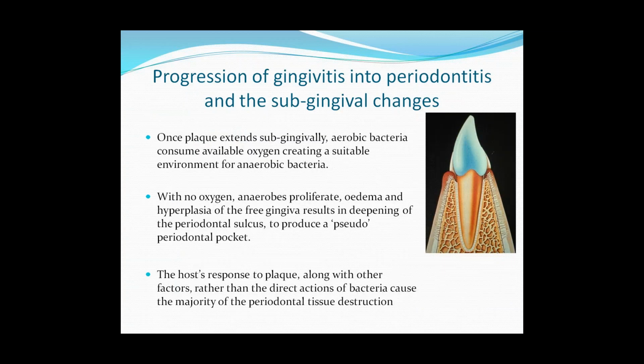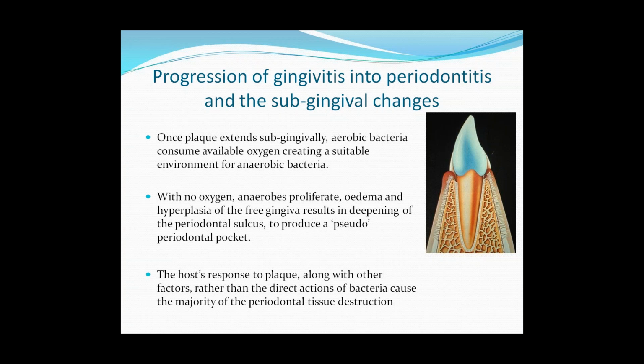If the plaque is maintained in the sulcus, then the bacteria there, the aerobic bacteria, utilize and consume all the oxygen and form an anaerobic environment. When there's no oxygen, the anaerobes proliferate and cause edema and hyperplasia of the free gingival margin, encouraging it to become hyperemic and hyperplastic.